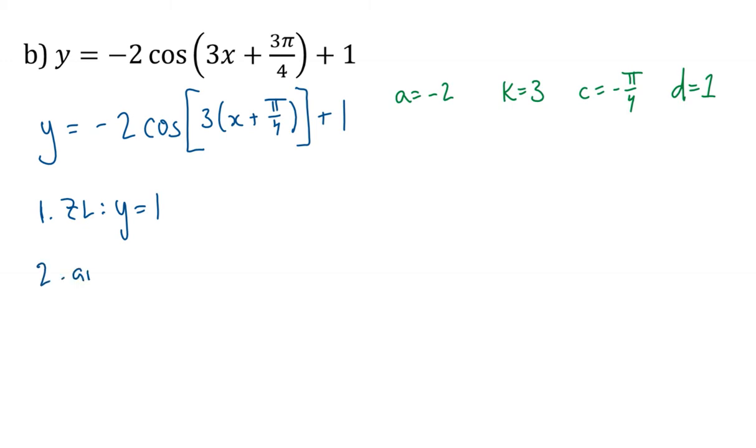Next, amplitude. So amplitude is always positive, so that's just positive 2. Max and min is the 0 line plus the amplitude and the 0 line minus the amplitude. Again, you've got to get that in the right order. So 1 plus 2 is 3. 1 minus 2 is negative 1.